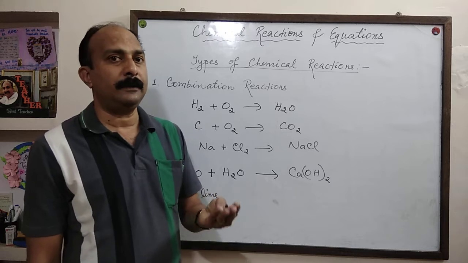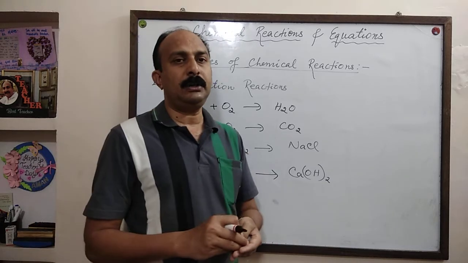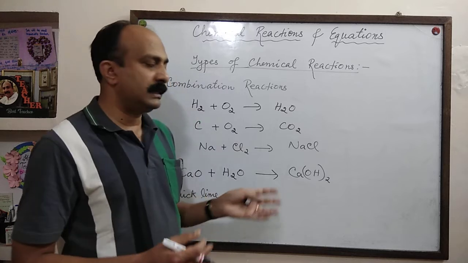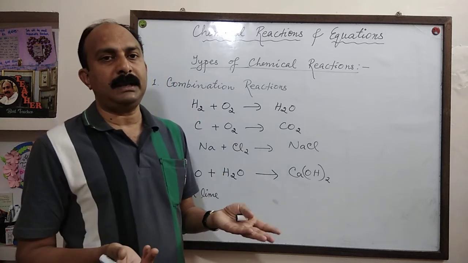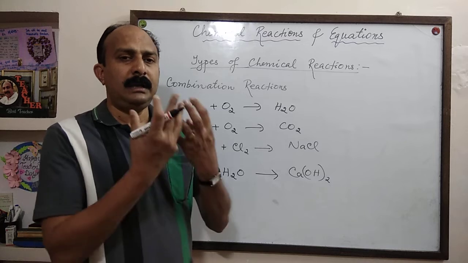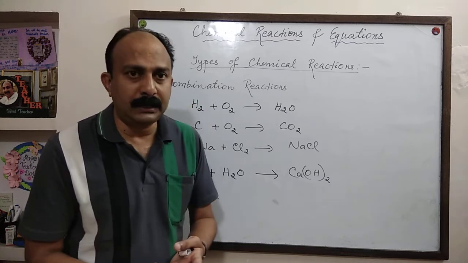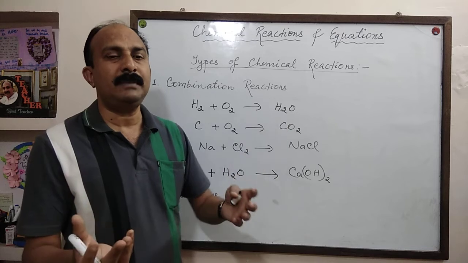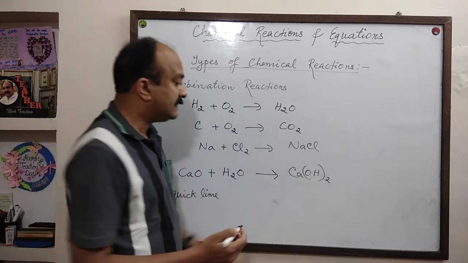One more importance of this reaction is that it is an exothermic reaction. When water is added to quicklime, a lot of heat will be liberated and you will get an emulsion of calcium hydroxide. It is known as slaked lime.